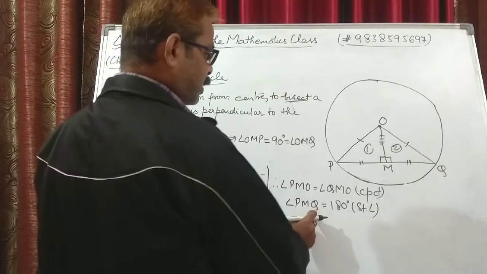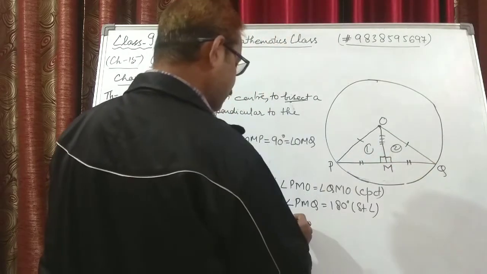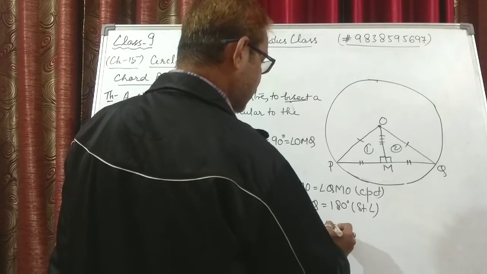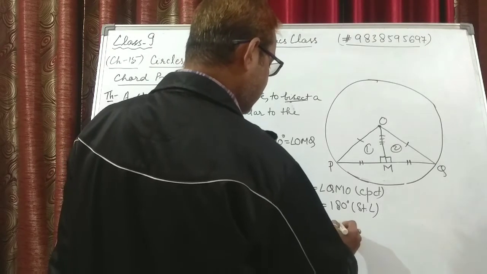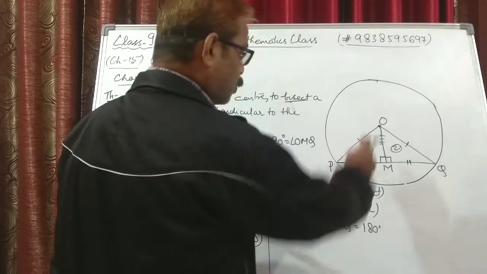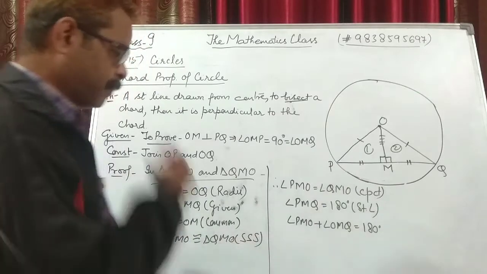But angle PMQ can be written as PMO plus OMQ. So angle PMO plus angle OMQ is equal to 180 degrees. OMQ or QMO, both of them are the same.